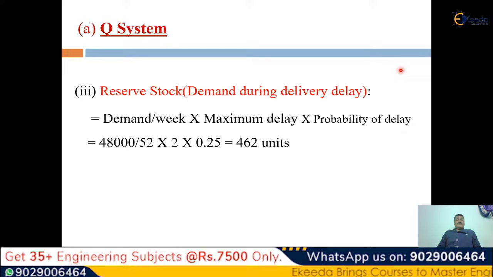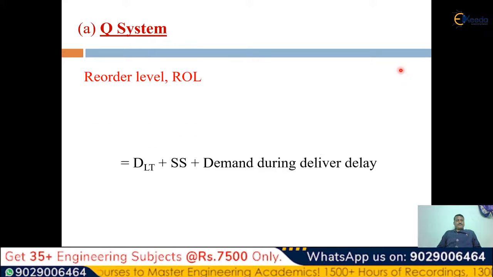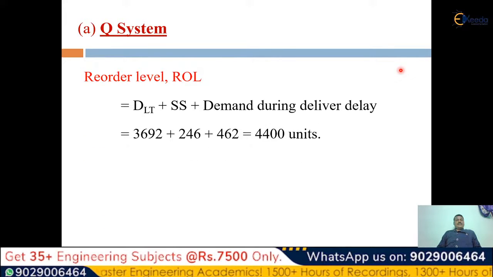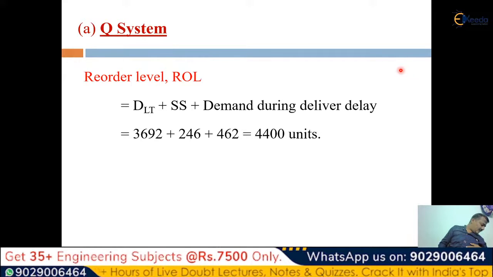And the reserve stock during this period is demand per week into maximum delay into probability of the delay, which is 48,000 by 52 into 2 into 0.25, which gives us 462 units. And finally, the reorder level is demand during LT plus safety stock plus reserve stock, which is nothing but the sum of 3692 plus 246 plus 462, which gives us 4,400 units.